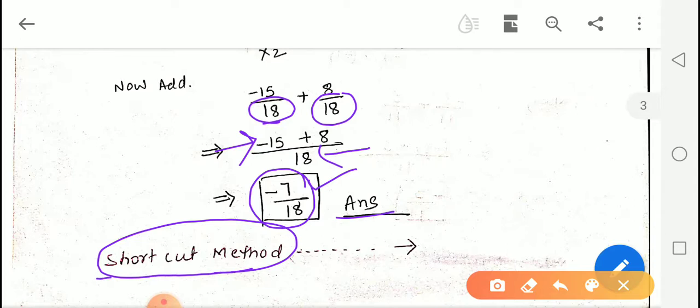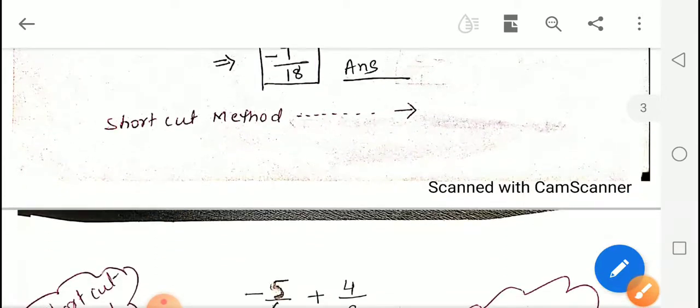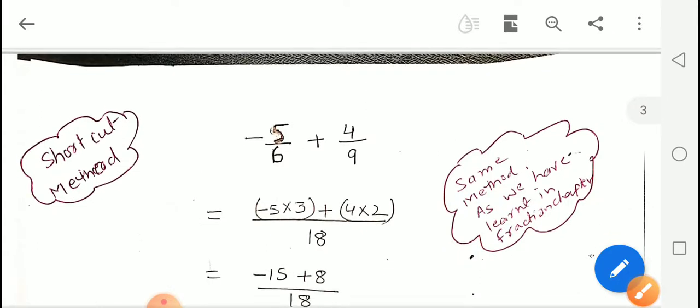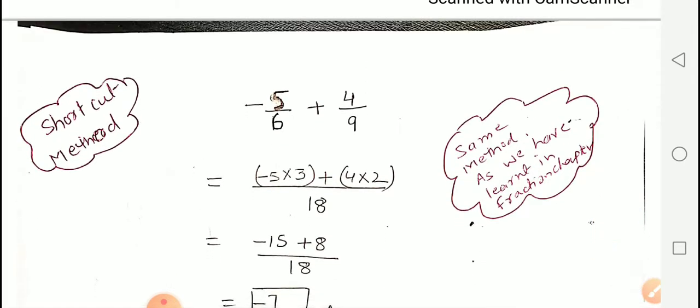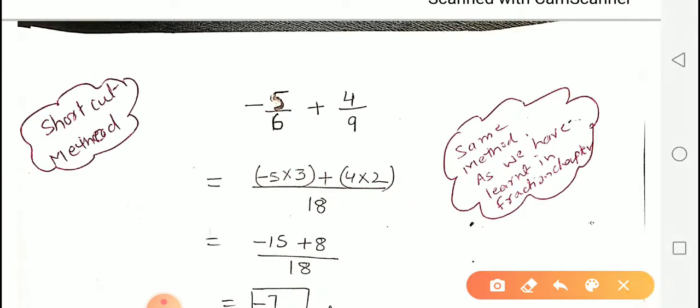In this method we use the knowledge which we learned while doing addition of fractions. So let us see the shortcut method. We take the same question, negative 5 upon 6 plus 4 upon 9.